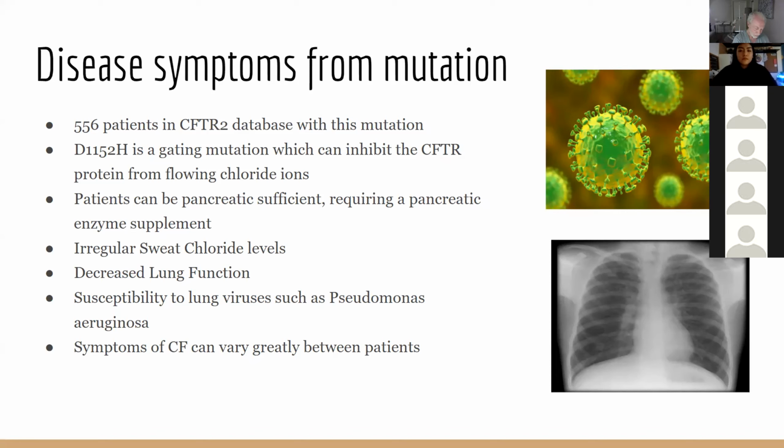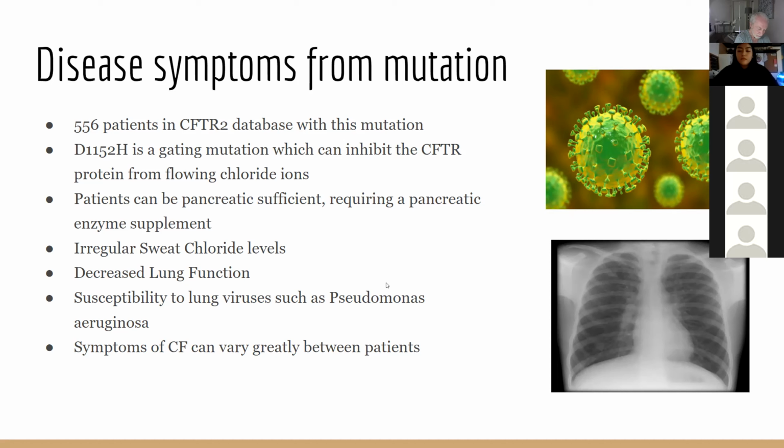Normally, the protein can form these channels for ions to regulate the flow of chloride ions and water molecules that go in and out of the cell. So our mutation can block these channels and prevent the flow of these chloride ions.